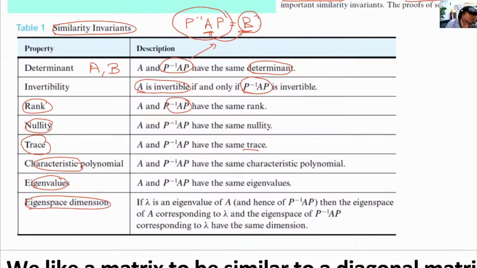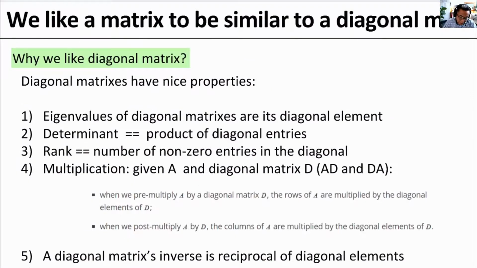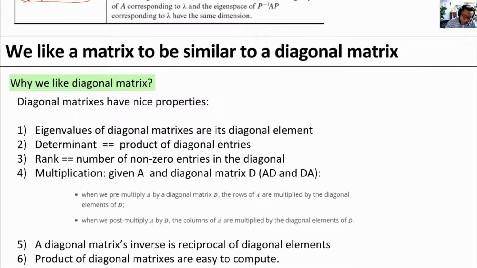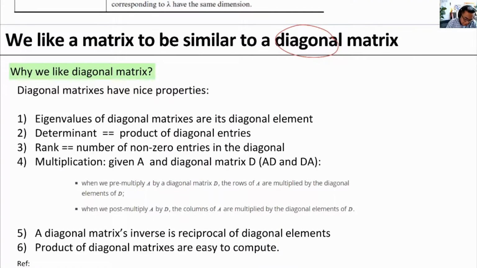So the simplest matrix that we can ever find, or one of the simplest, is the diagonal matrix, because a diagonal matrix has a very nice way to compute its rank, its invertibility, its determinant, its trace, its eigenvalues. So why do we like a matrix to be similar to a diagonal matrix?